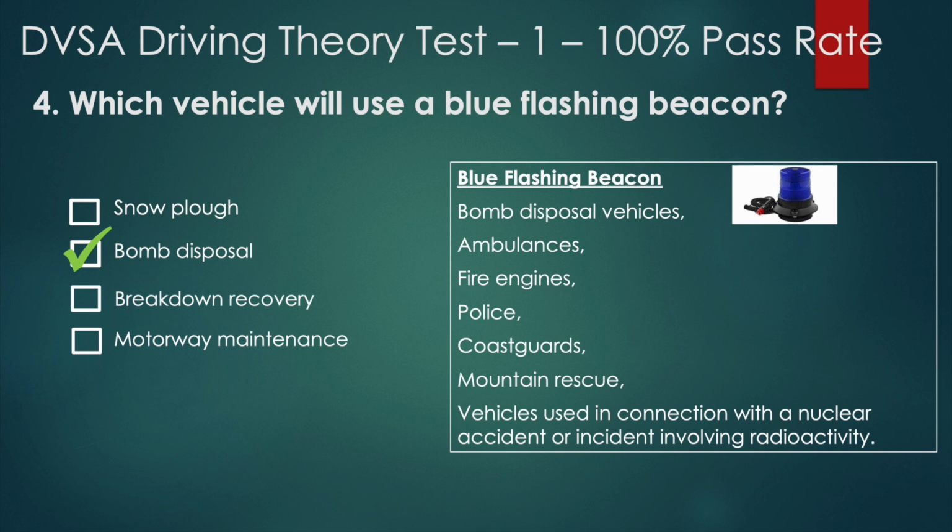Blue flashing beacons are usually used on emergency vehicles such as bomb disposal vehicles, ambulances, fire engines, police, coast guards, mountain rescue, and vehicles used in connection with a nuclear accident or incident involving radioactivity.